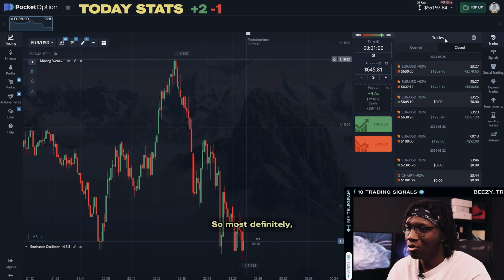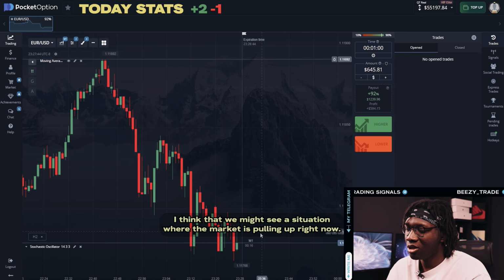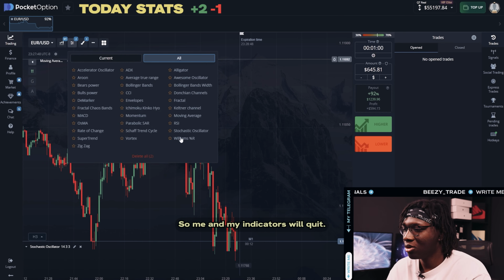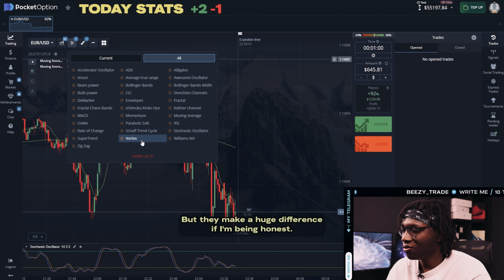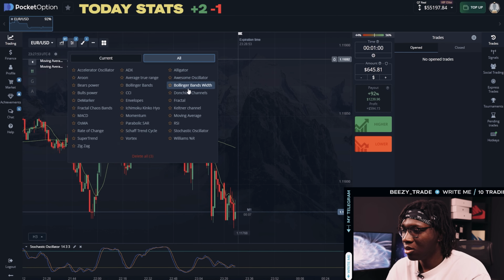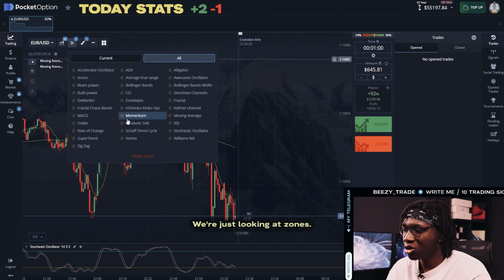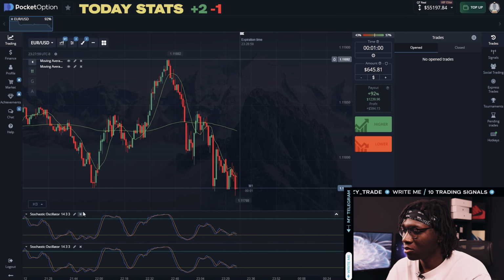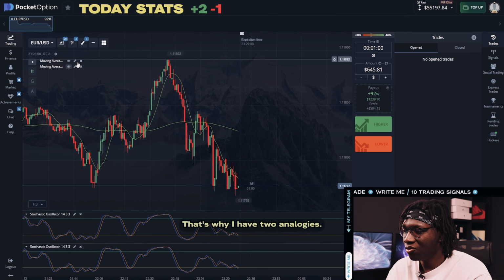Most definitely, I think that we might see a situation where the market is pulling up right now. Just let me add my indicators real quick. I think they make a huge difference, if I'm being honest. Most of the time, we're not even looking at them, we're just looking at zones. I do have two moving averages.